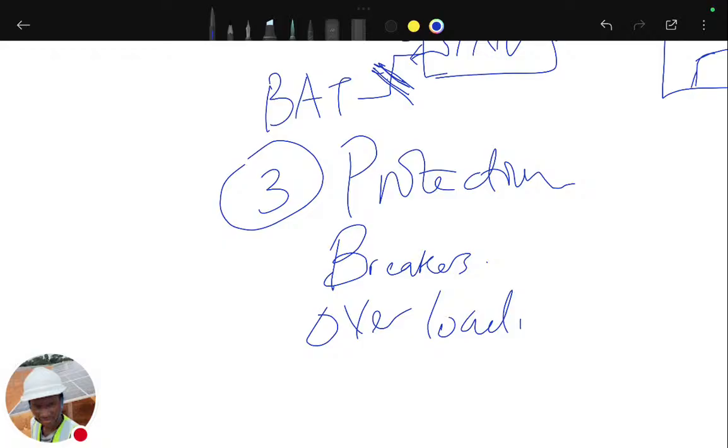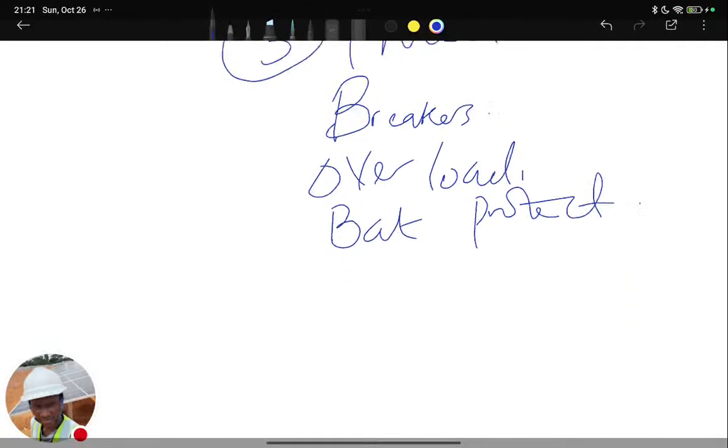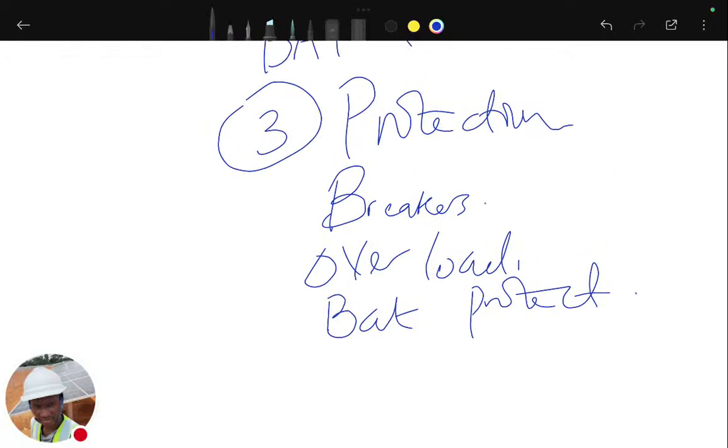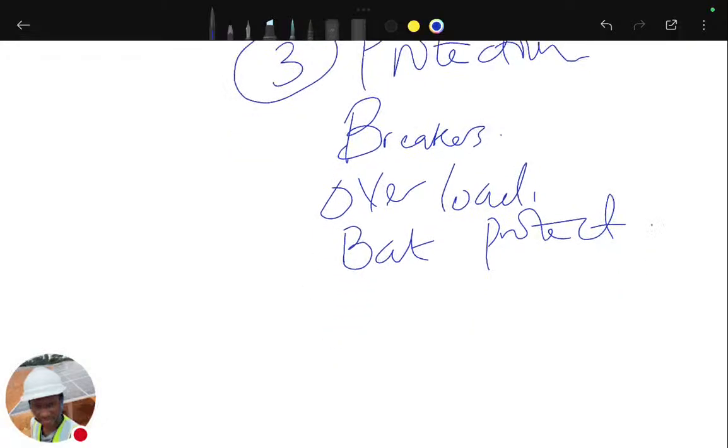They also have battery protection. They protect the battery. Whenever it is low, they cut power to your house, and whenever it is full, they know not to be charging it again. They do that quite well.